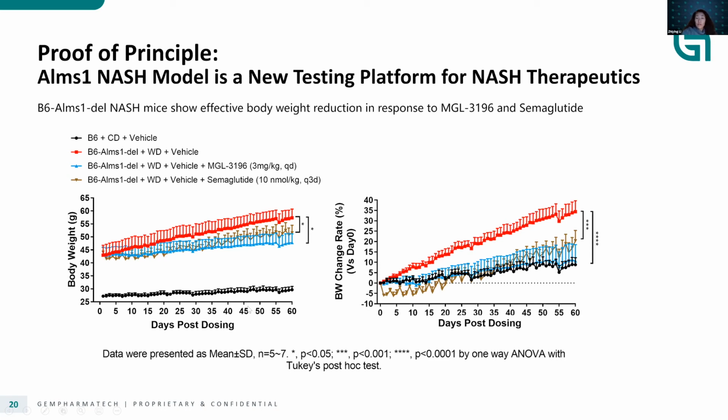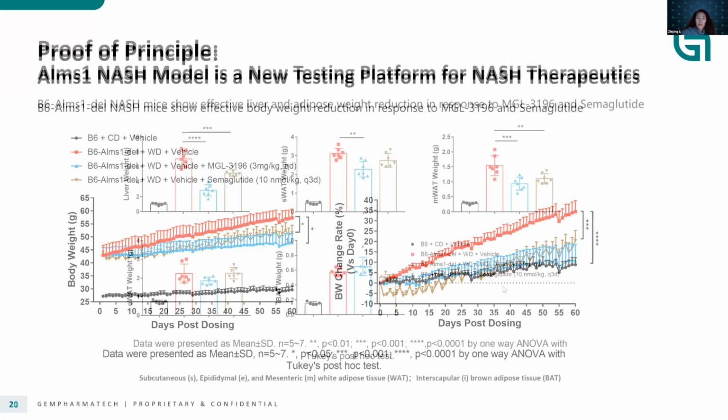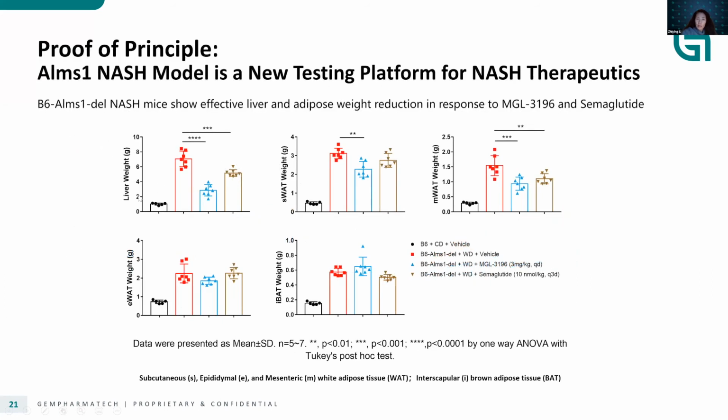So as you see from these two graphs, when the animals are given these two drugs, they actually were able to respond by losing body weight or lowering the increase of their body weight. At the same time, looking at liver weight, the two drugs can lower liver weight, and mostly that's, as you can see from the next couple of slides, the reduction of fat content in the liver.